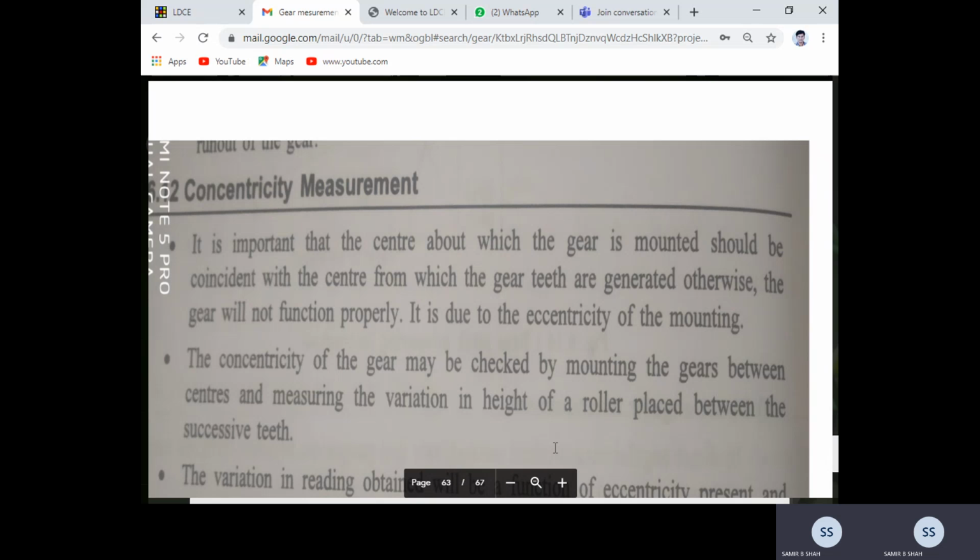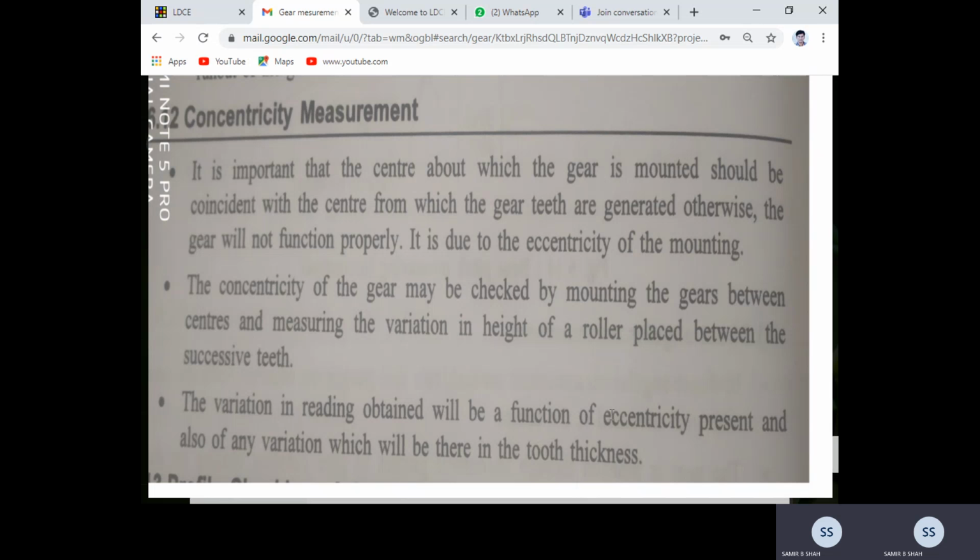It is due to eccentricity of the mounting. The concentricity of the gear may be checked by mounting the gear between centers and measuring the variation in the height of a roller placed between successive teeth. The variation in reading obtained will be a function of the eccentricity present and also of any variation in the tooth thickness. Okay, so these are the basic parameters that we have to discuss.